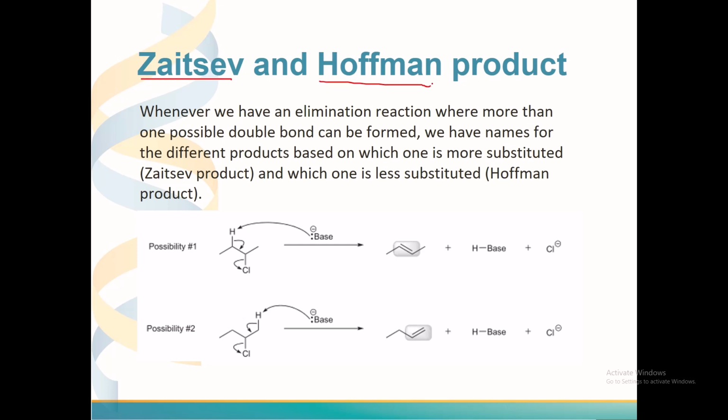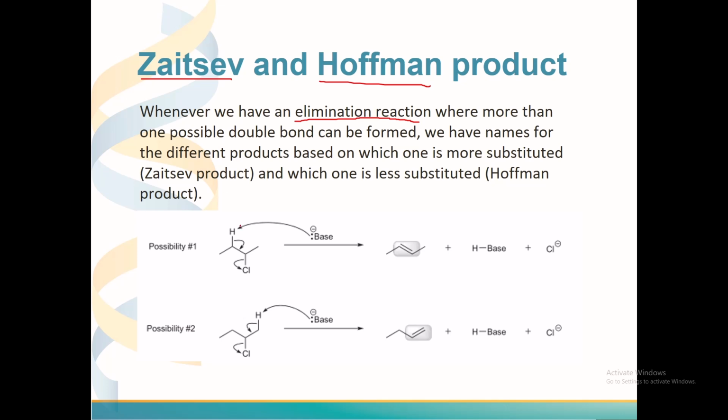Zaitsev and Hofmann are the names of those who discovered them, so you do not need to worry where they came from. Whenever we have an elimination reaction where more than one possible double bond can be formed, we have names for the different products based on which one is more substituted, which is called the Zaitsev product, and which one is less substituted, which is called the Hofmann product.